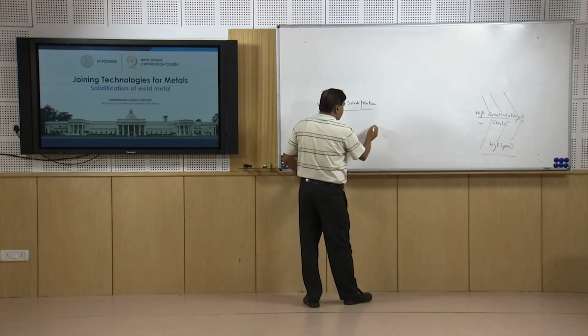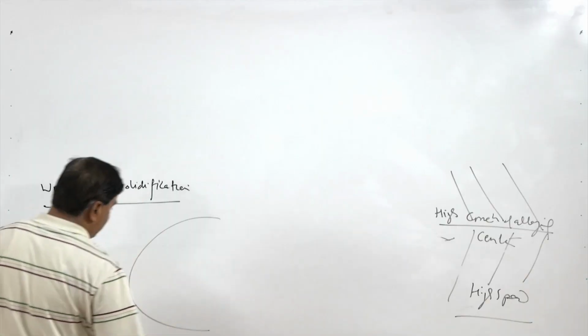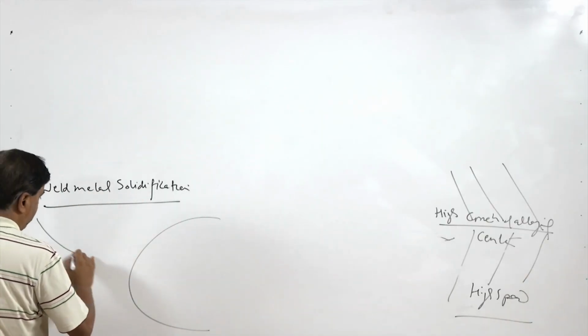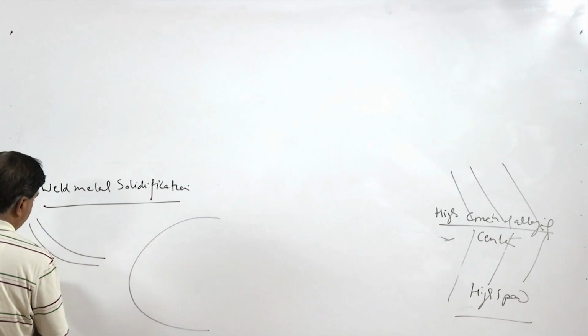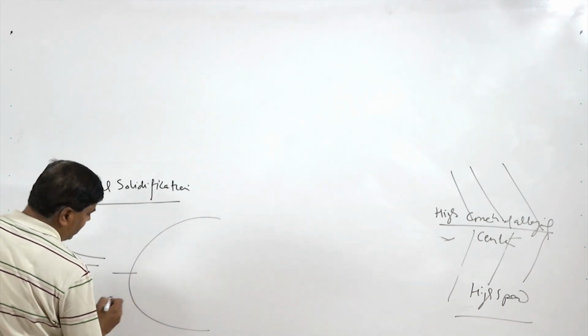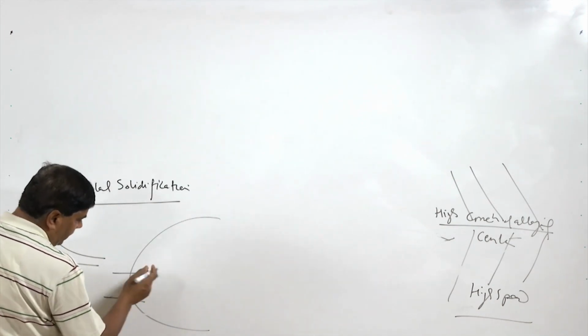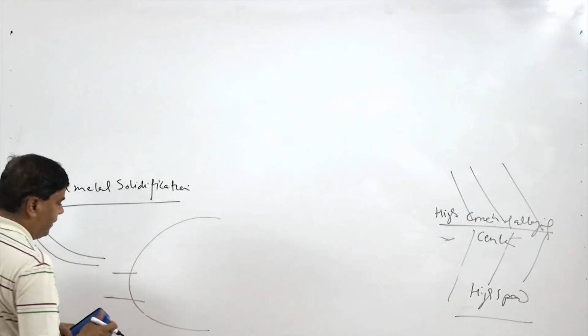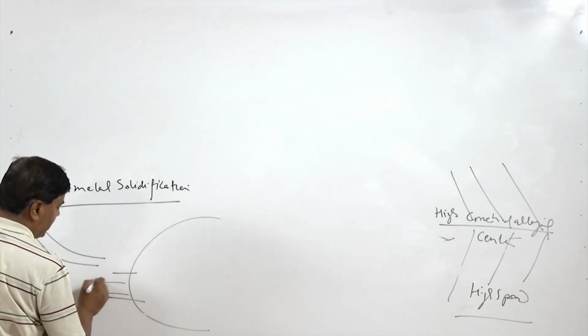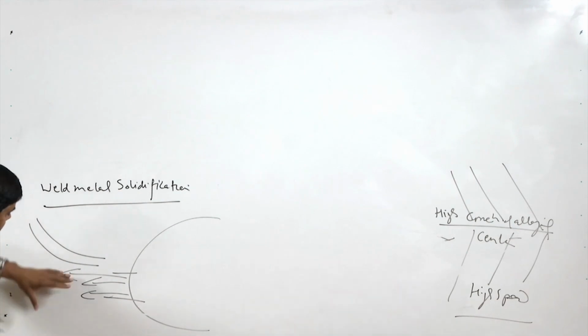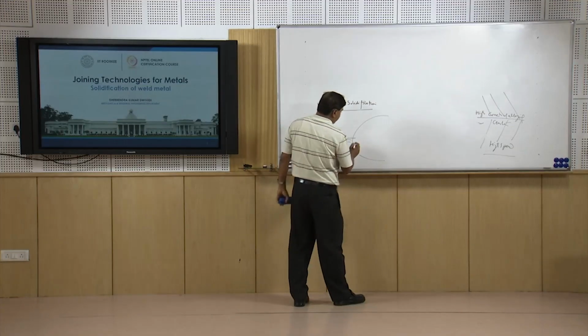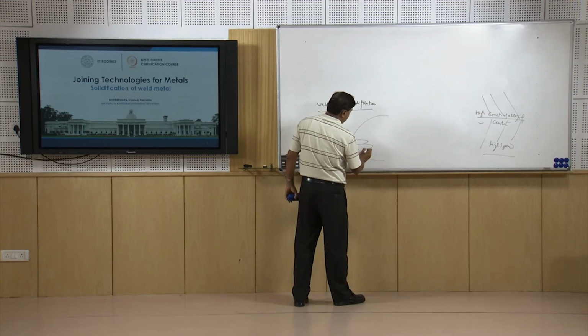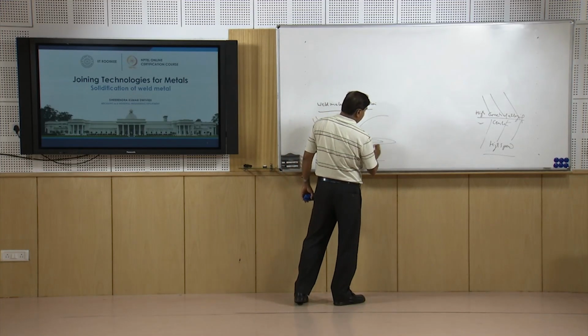And when the pool is really very wide like this, then apart from the curved columnar grains, some of the grains start growing differently. Since the already welded portion also extracts heat away from the pool, it results in the growth of grains along the direction of the welding itself.